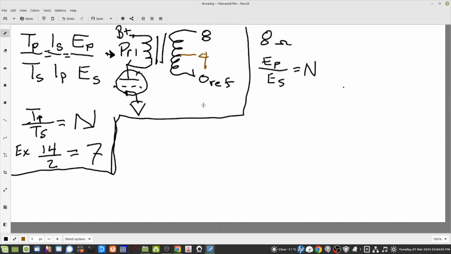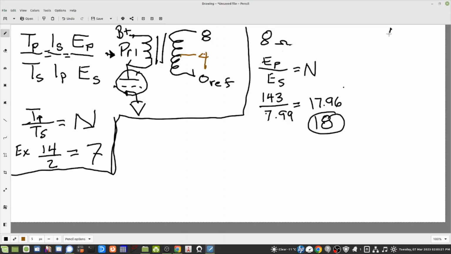And we saw we had 143 volts out, and we had 7.99 volts in, and so that gives us a turns ratio of 17.96, and we'll just call that 18.